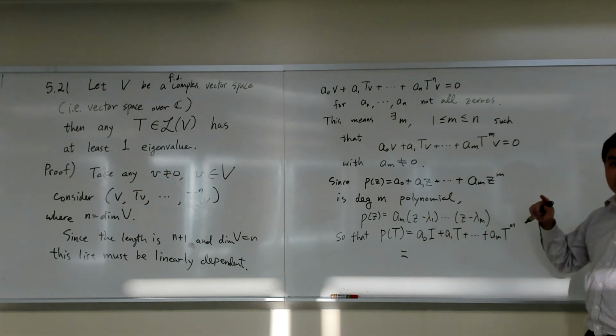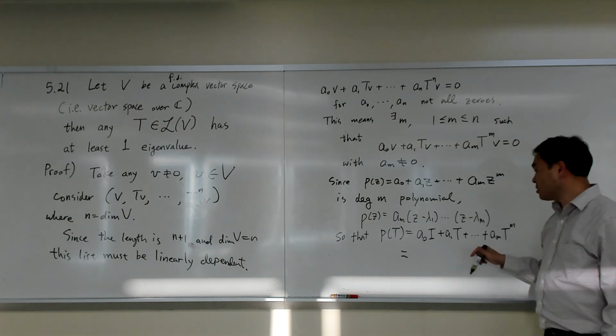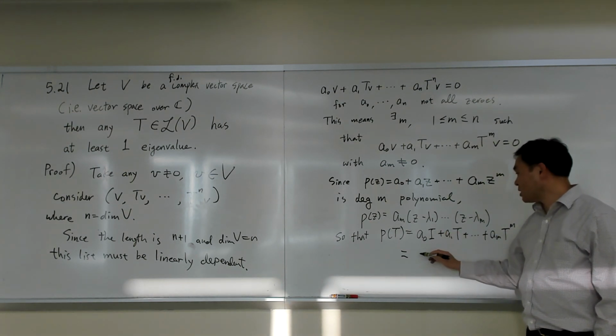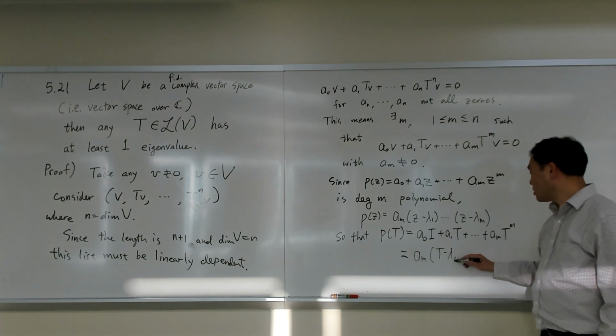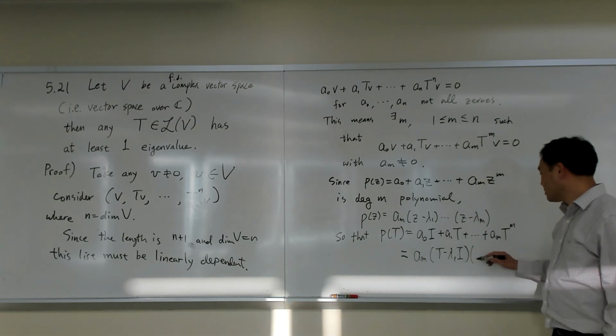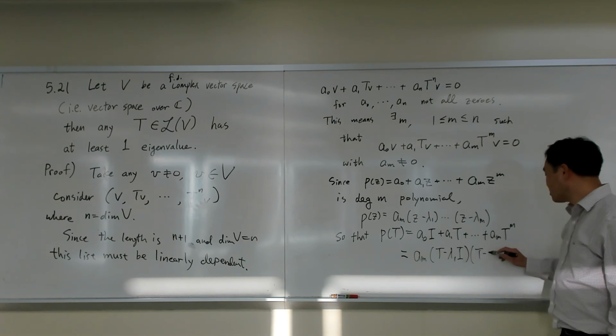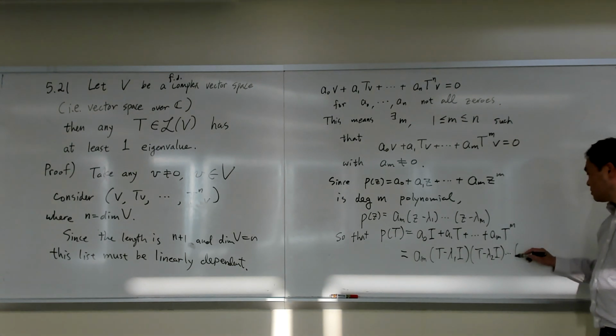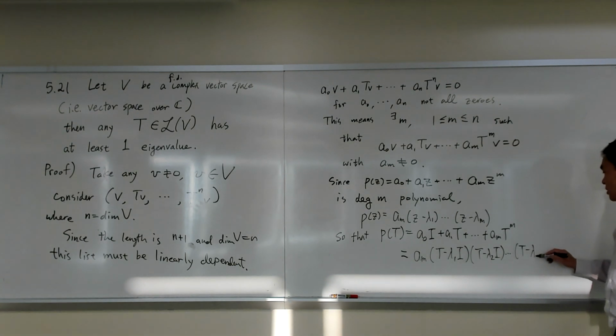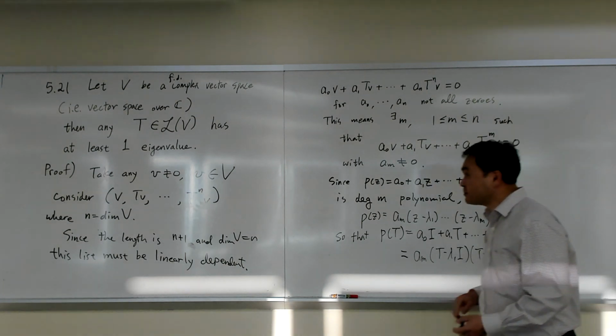That's what we proved essentially in the previous theorem. So this is going to be the same as Am times (T minus lambda 1 I) times (T minus lambda 2 I) through (T minus lambda m I). That's what we found out, right?